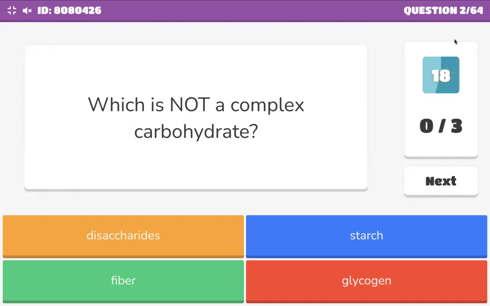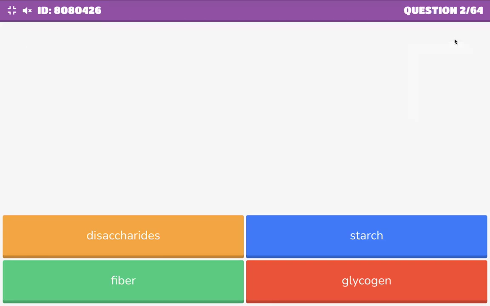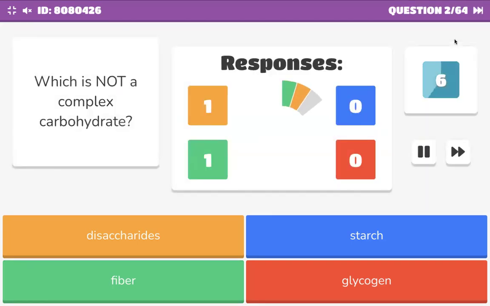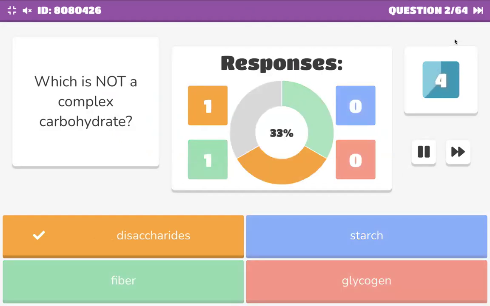Which is not a complex carbohydrate? Disaccharides.